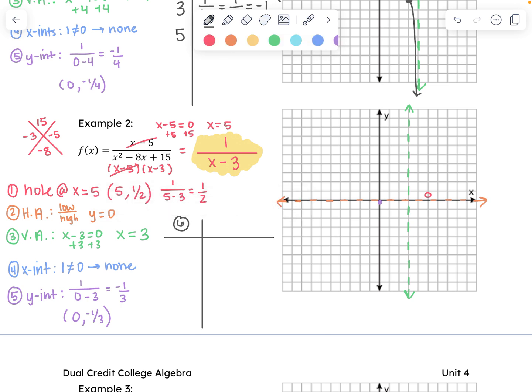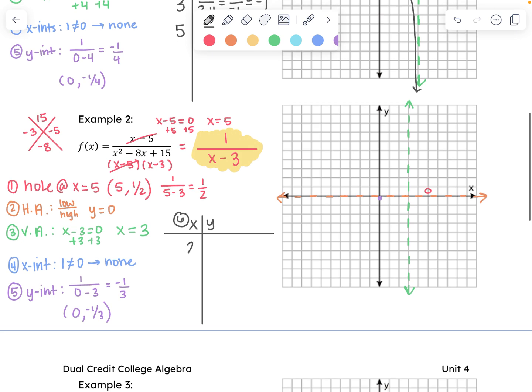There we go. Okay, so if my asymptote's over at 3, I'm going to plug in 2, and I'm going to plug in 4. So 1 over 2 minus 3 gives me 1 over negative 1, which is negative 1. So 2, negative 1.